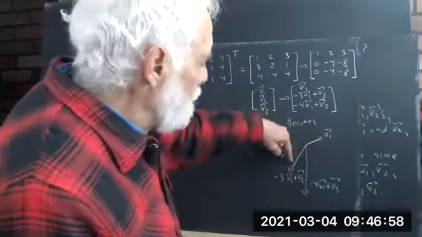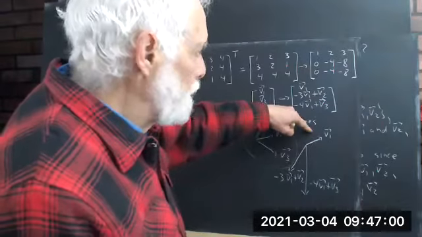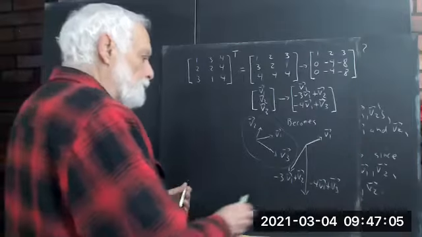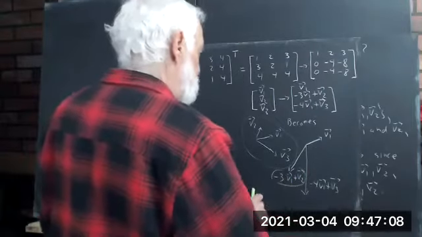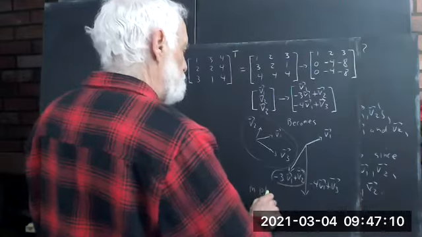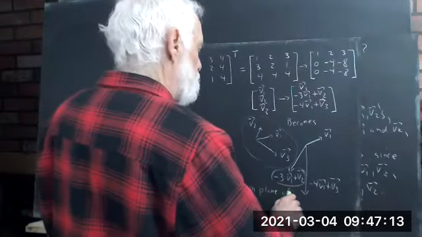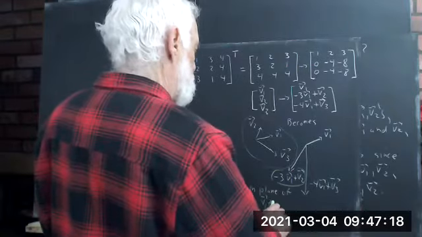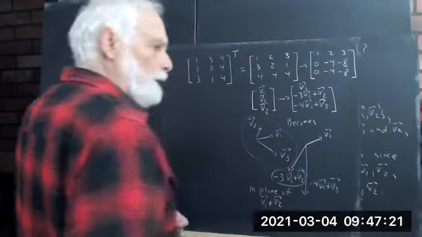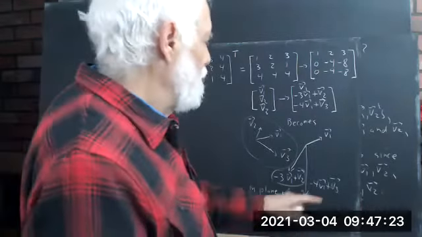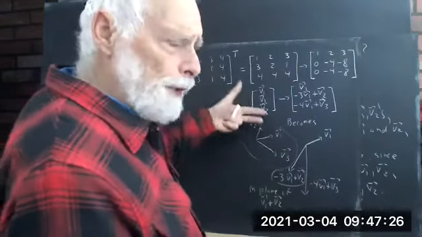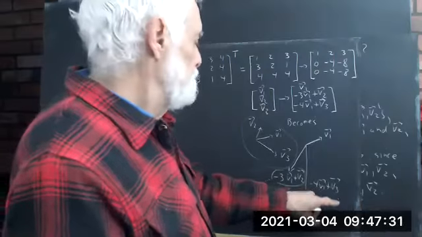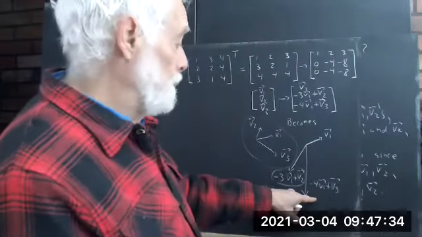Now this vector is still in the plane of V1 and V2. In general, remember, these are in 3 dimensions. They don't necessarily have to be in the same plane, but this one might not be in the plane of V1 and V2.